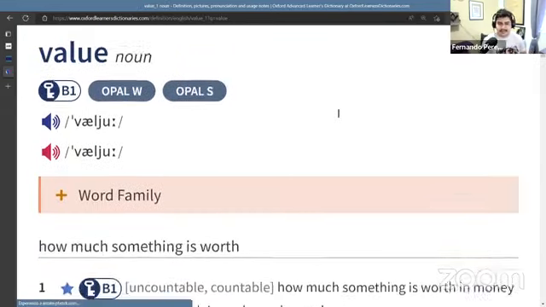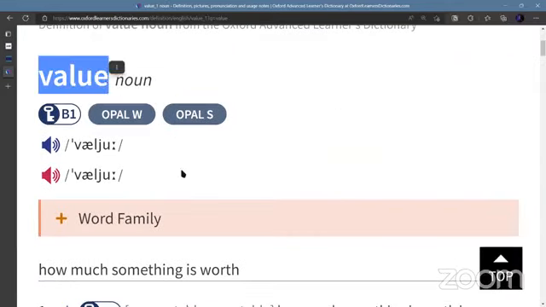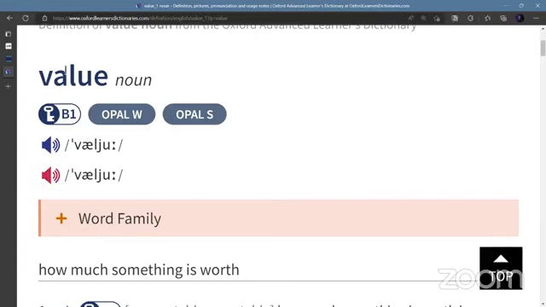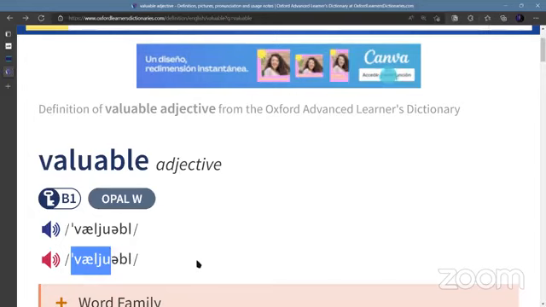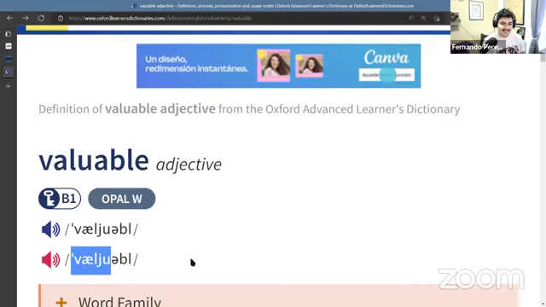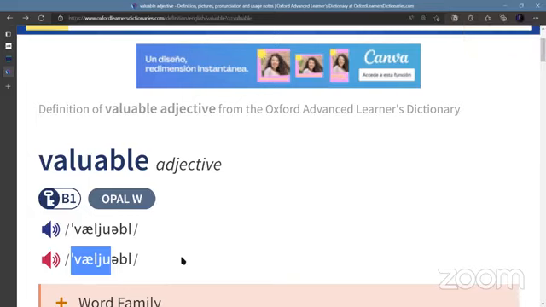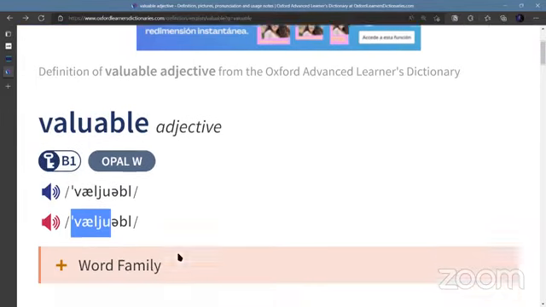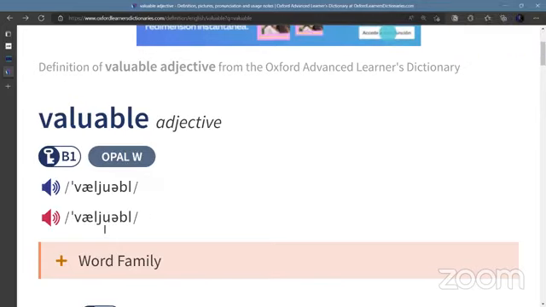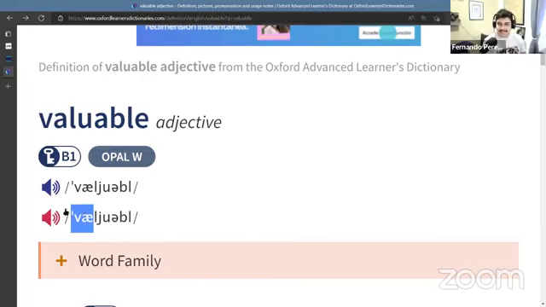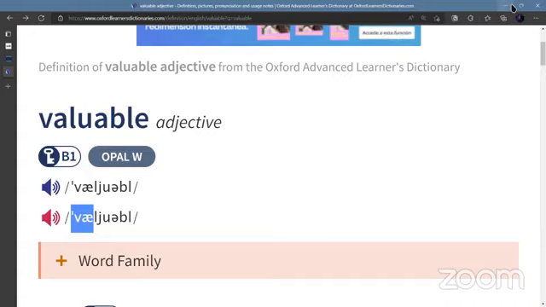I think it's Walmart. Has this word. Value. Exactly. Again, valuable. Where is the stress? The stress of the syllable. The first syllable is stressed. So it's valuable. All right.